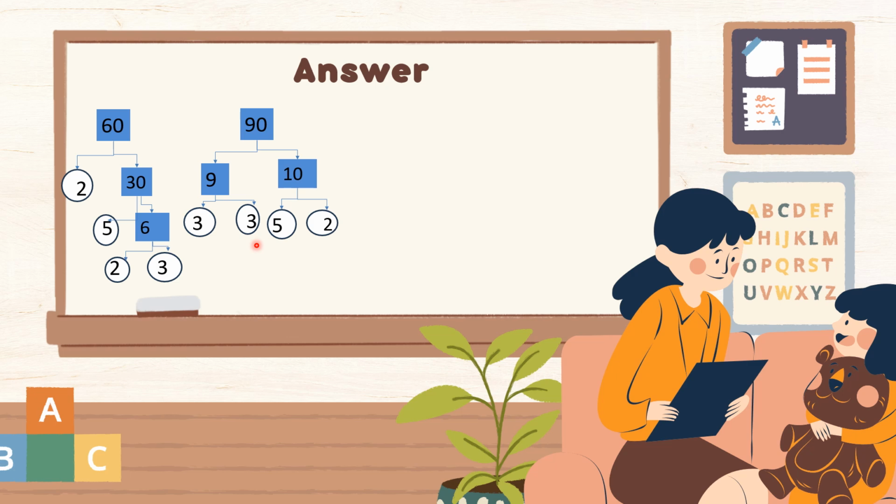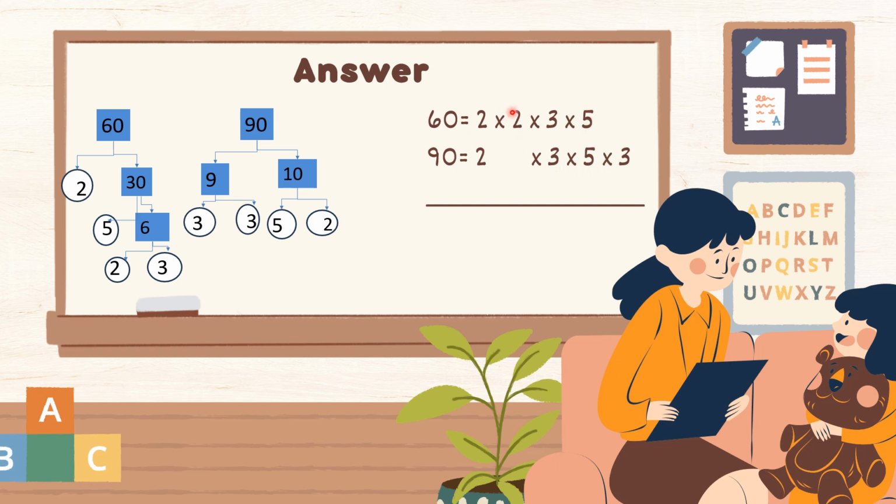Now we will write the decomposing of both numbers, considering writing the common numbers under each other, the common factors.